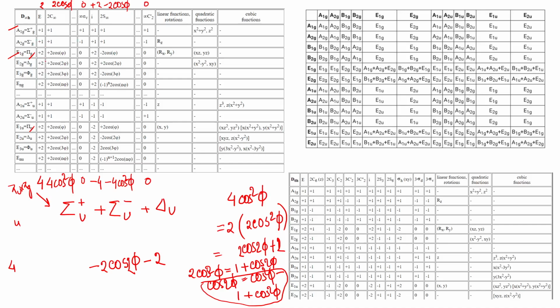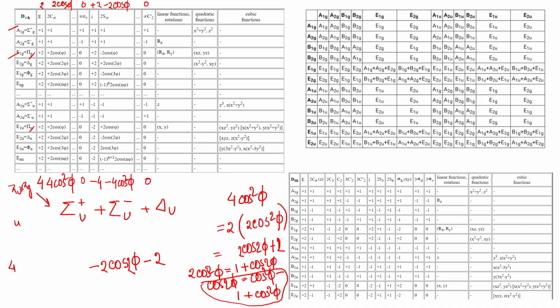What is that? 2, 2 cos phi, 0, plus 2, 2, 2 cos phi, 0 plus 2. Itself only, because it is multiplied by A1g. That is only fully symmetric. So it is same as this, pi g. Yes.